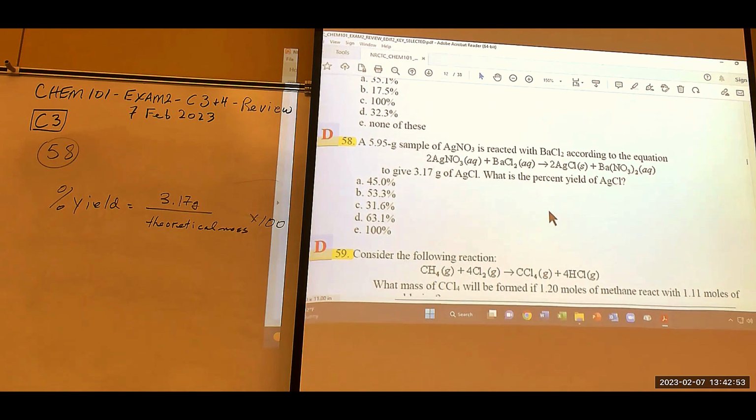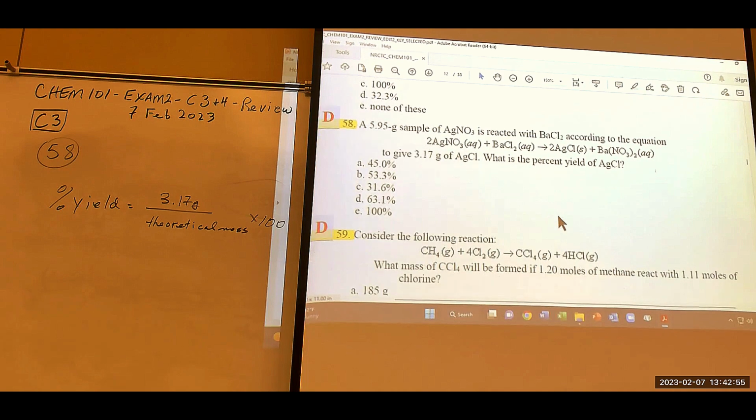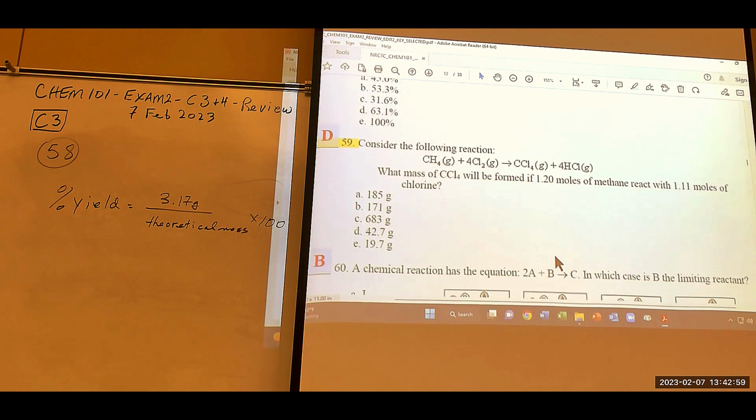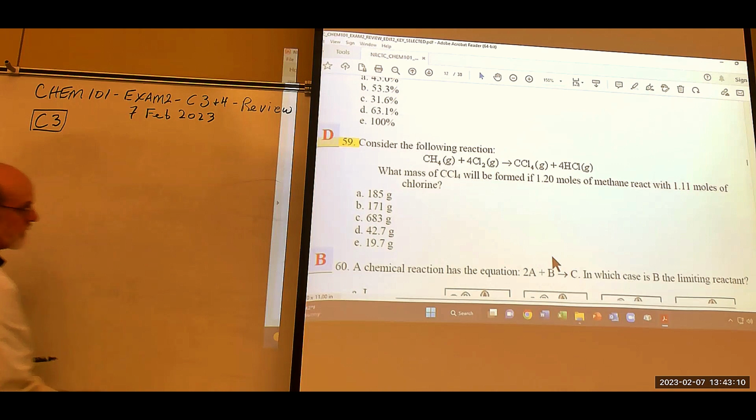Let's see. The next one was this one. All right, this is a limiting reactant problem. 59. How do I know it's limiting reactant?